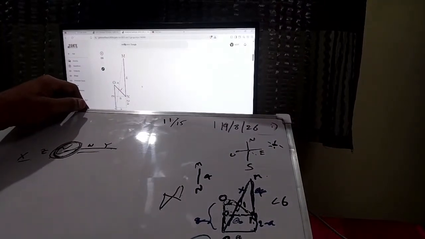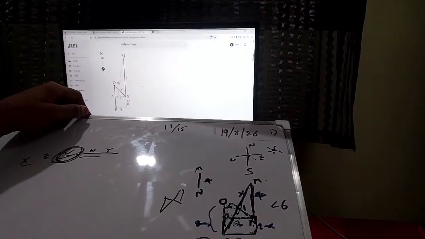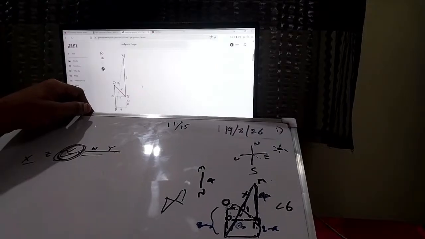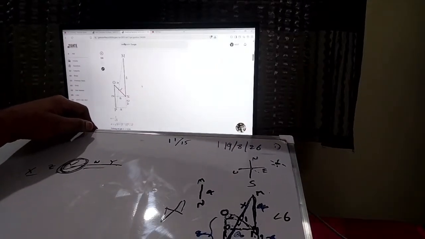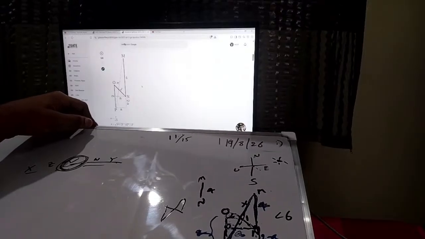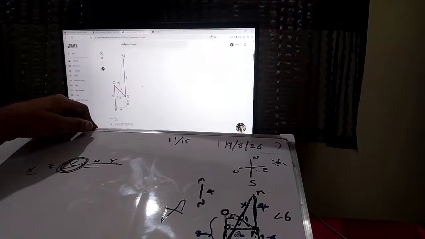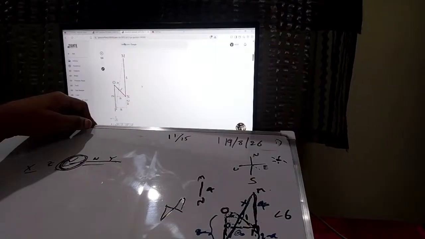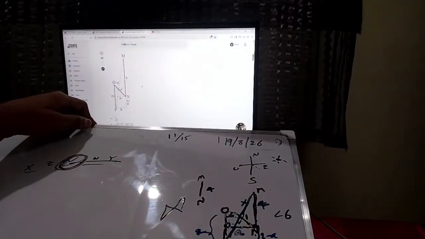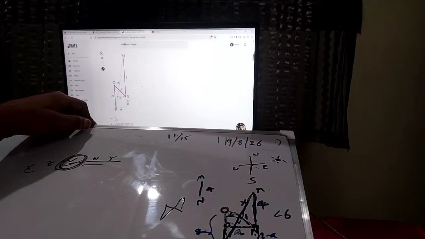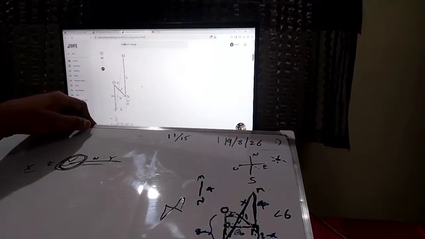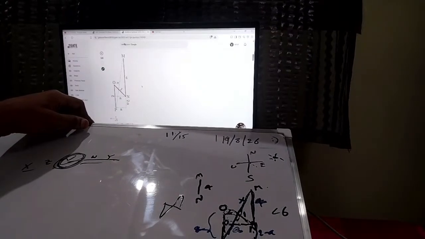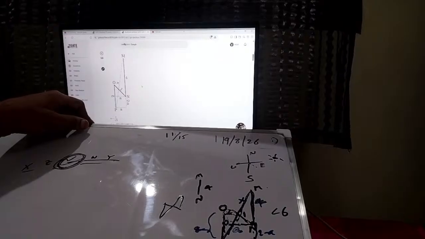Then 36 minus 12A plus A square plus A square, it will become 36 minus 12A plus 2A square.